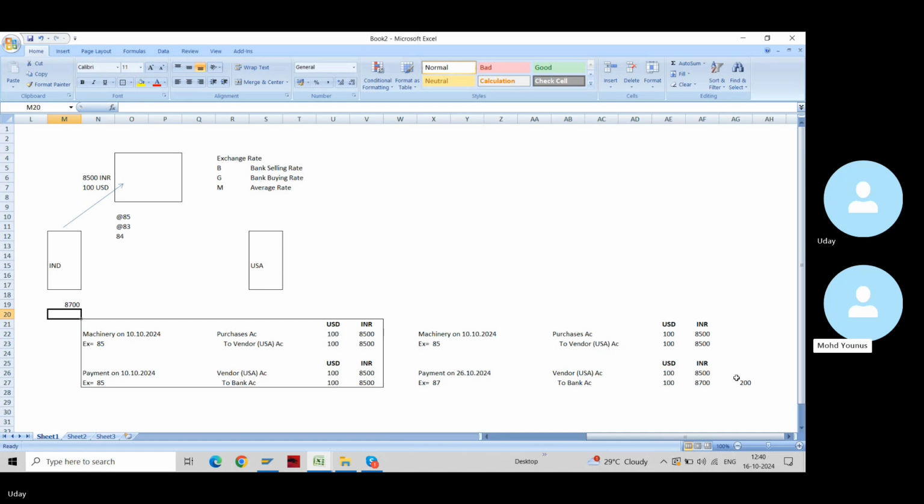So because of the increase in the exchange rate against the foreign vendor invoice, you have got some loss here. Your liability will be the same, but the bank payment will be changed.